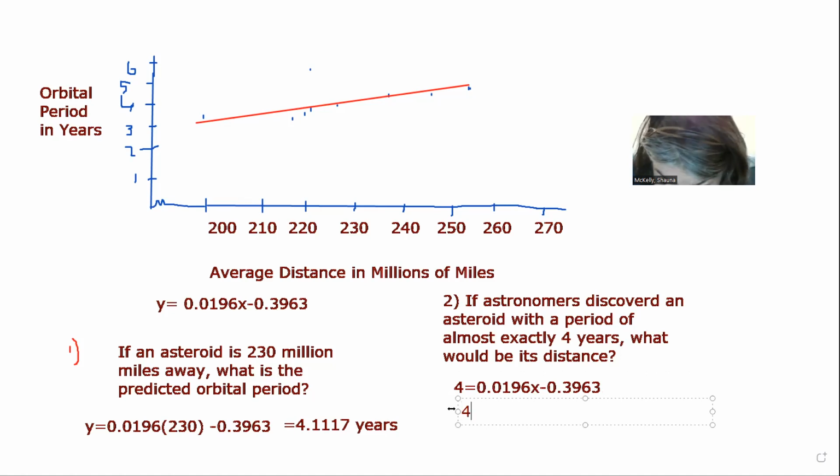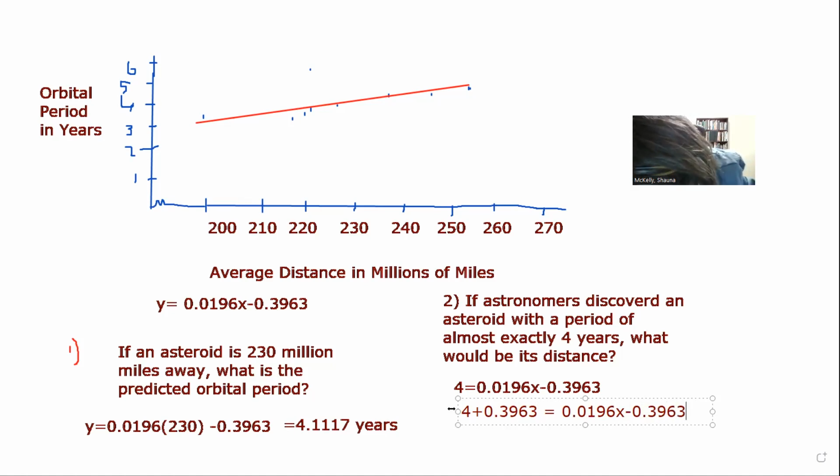So I have 4 plus 0.3963 is equal to 0.0196x minus 0.3963 plus 0.3963.